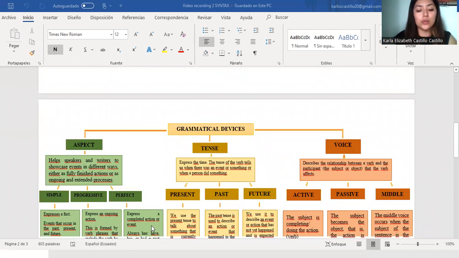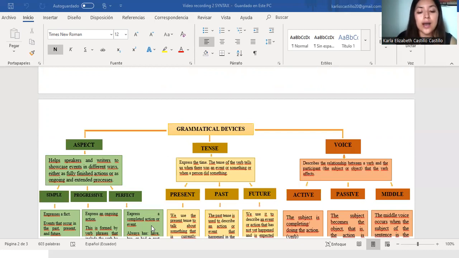Okay, now we will study the second grammatical device, that is tense. The tense is a form of the verb that allows you to express time. The tense of the verb tells us when an event happened, or when a person did something.